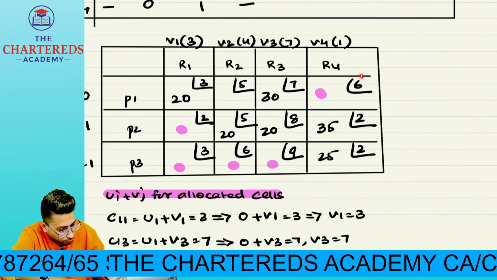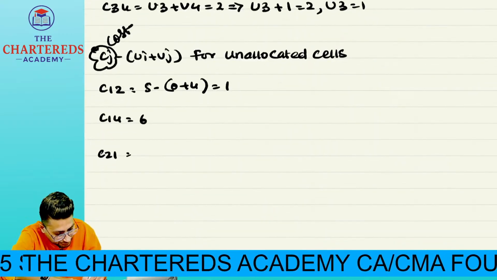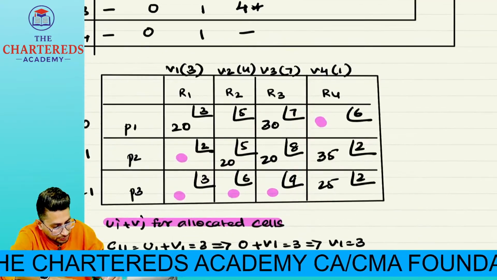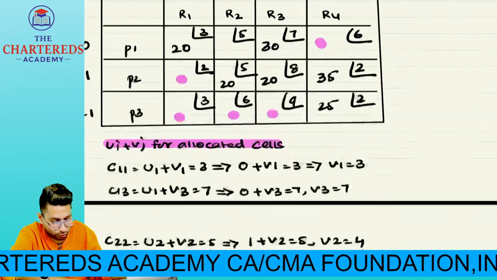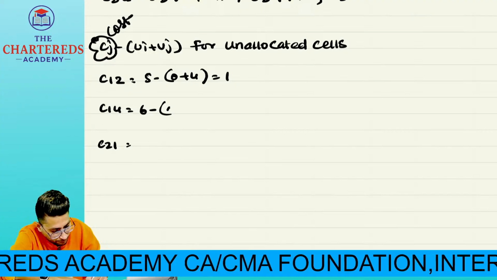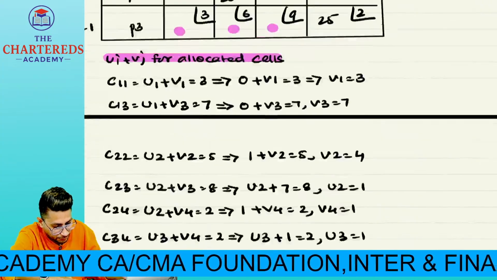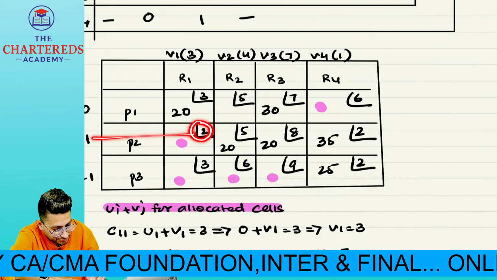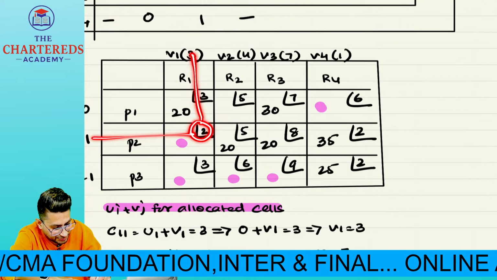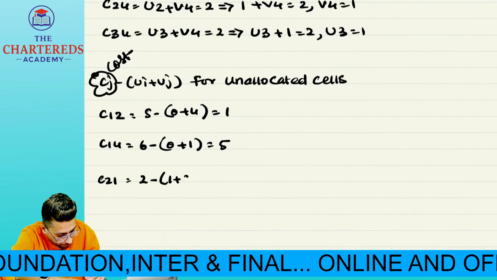Now here, what will be the cost? 6 minus, here ui is 0, vj is 1. 0 plus 1. It will be 5. For C21, the cost is 2. ui is 1, vj is 3. So here it will be 2 minus 1 plus 3.